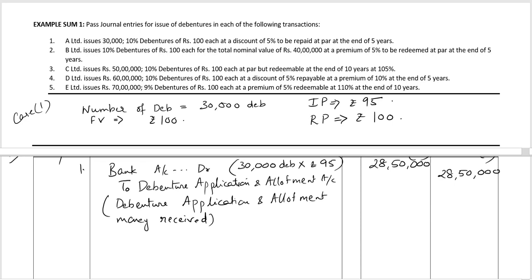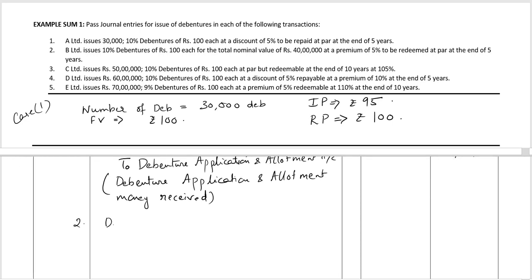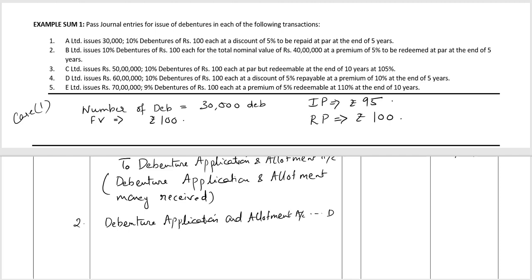The next entry, debenture application and allotment account debit, the amount of the first journal entry, the application money received, which is 28,50,000 rupees, discount on the issue of debentures account, debit.